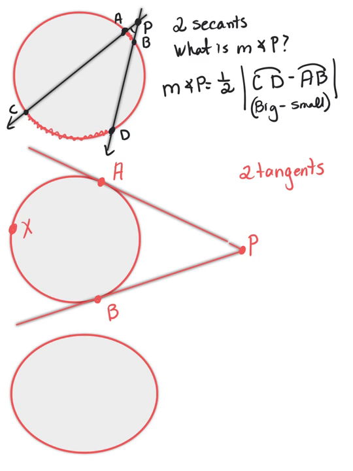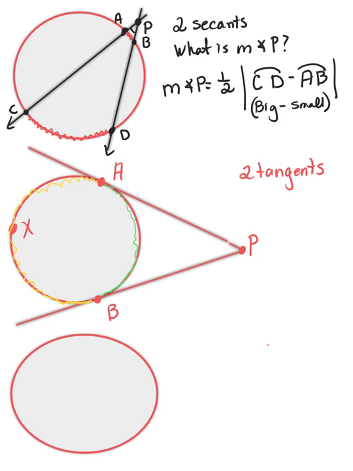I'm going to call it X. Now, once again, my angle still intercepts two arcs on my circle: arc AB, and likewise it intercepts arc AXB. So those are going to be the two arcs that I'm going to be subtracting to find angle P.